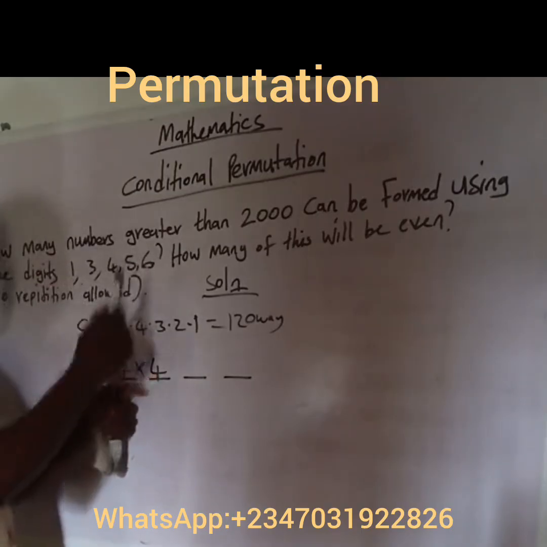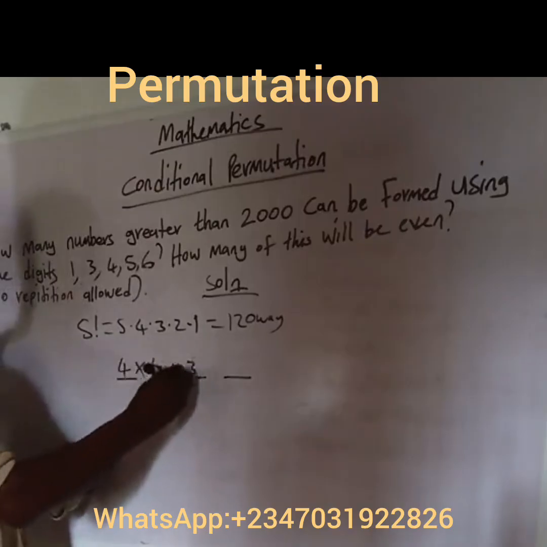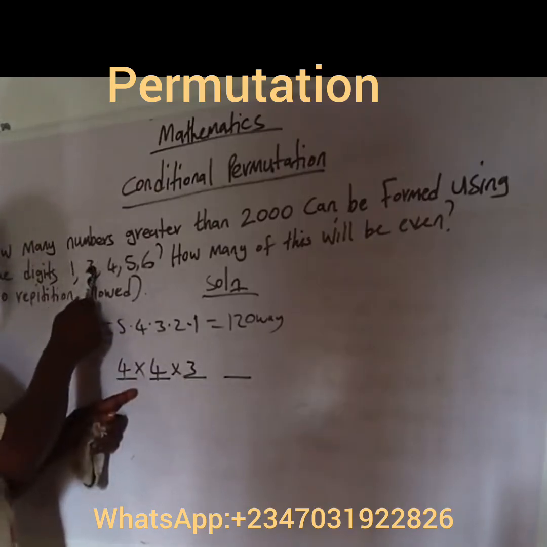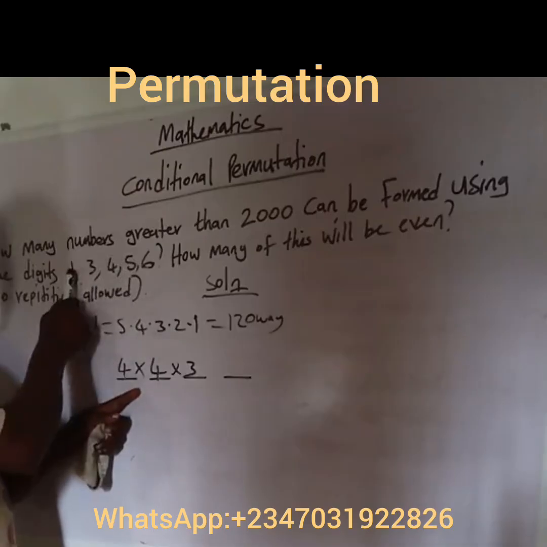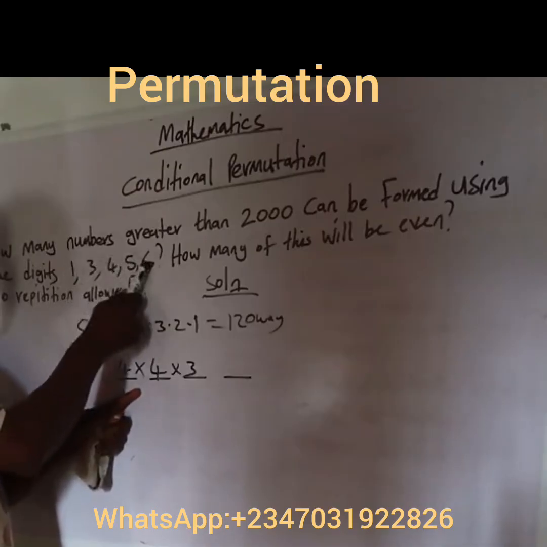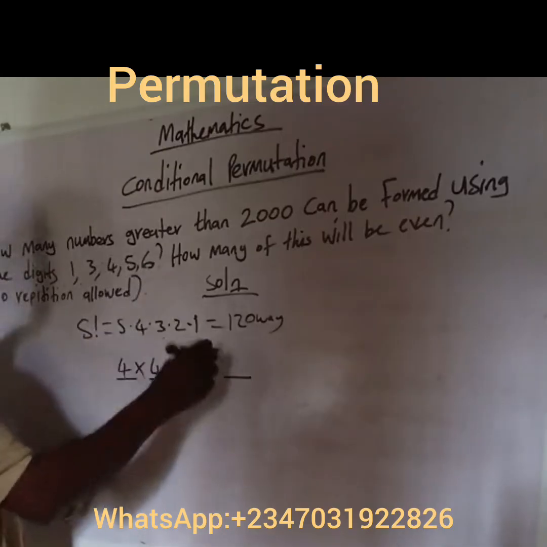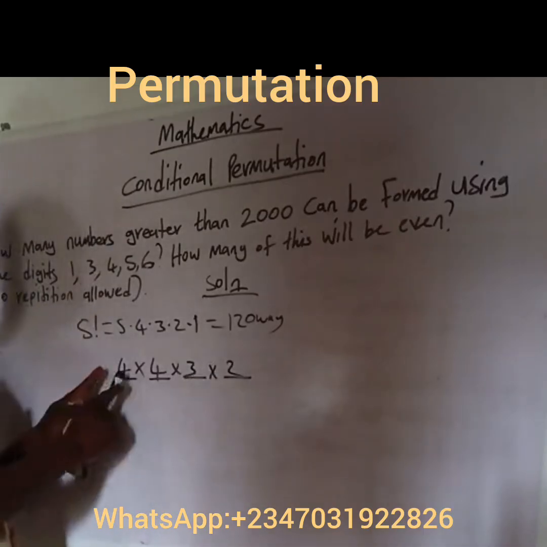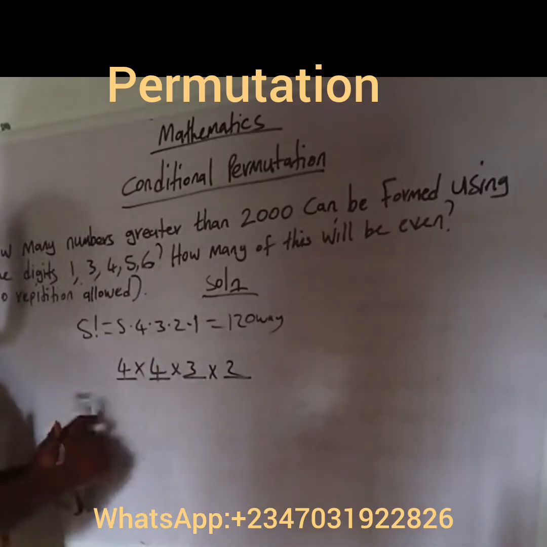So any of these 3 numbers can be here, times 3. Let's say I have picked 3 first, 5 second, and now 1. The numbers remaining are 4 or 6, so times 2. Since they are talking about 4 digits, we end here. You will not pick the next one because it's only 4 digits.